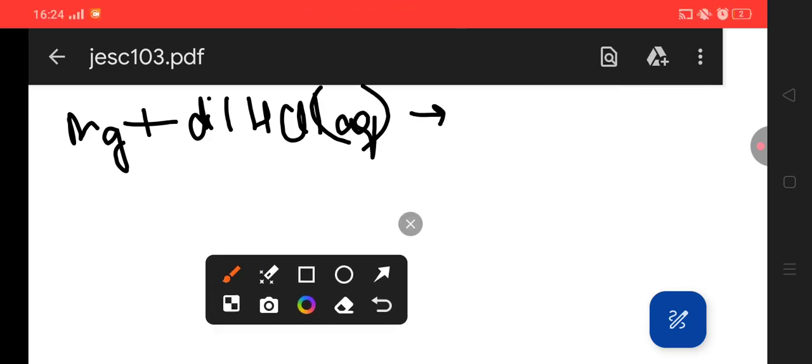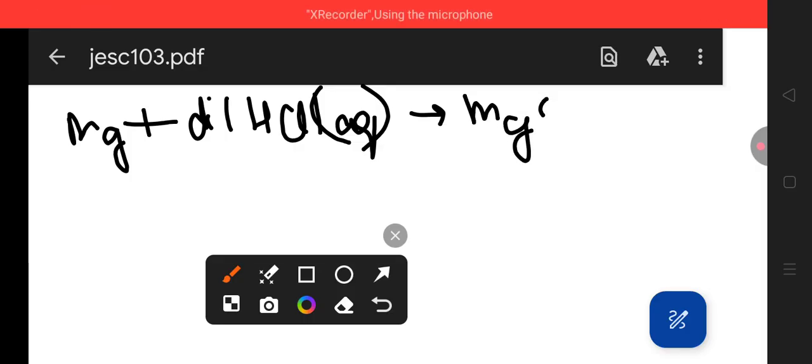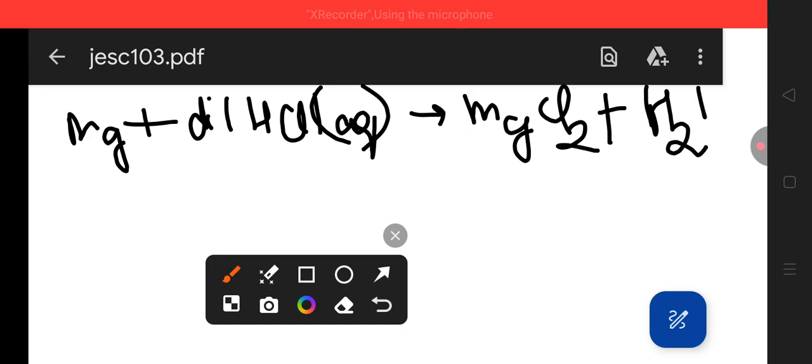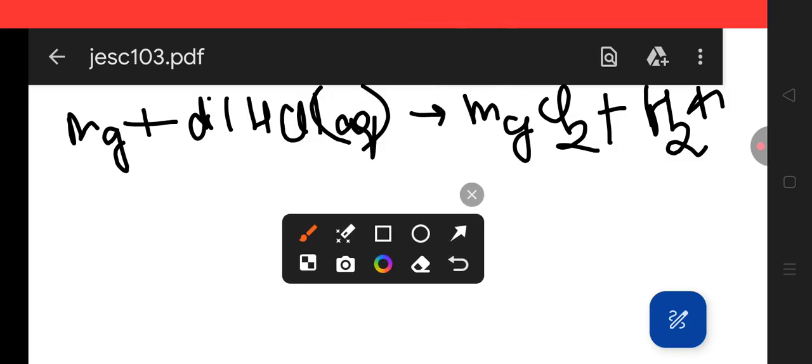It will give us MgCl2 plus hydrogen gas. Hydrogen gas will evolve. So this would be the reaction for magnesium.